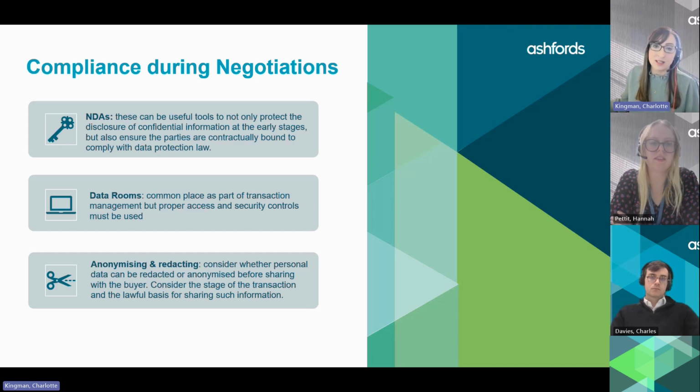Other aspects that are important to consider, which often get overlooked, is can you anonymise data? So this is where information is made available, but it doesn't relate to an identified or identifiable person, and then falls outside of the scope of the UK GDPR. The risk of disclosing personal data in the data rooms can be reduced significantly by using things like anonymising employee data or customer data sets, redacting certain information, even aggregating data.